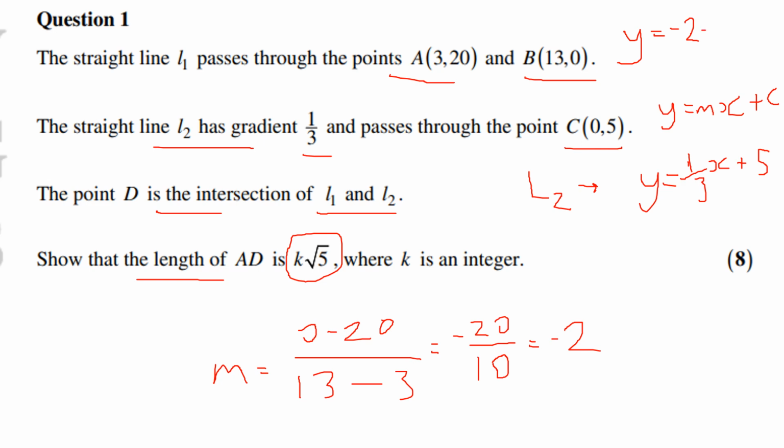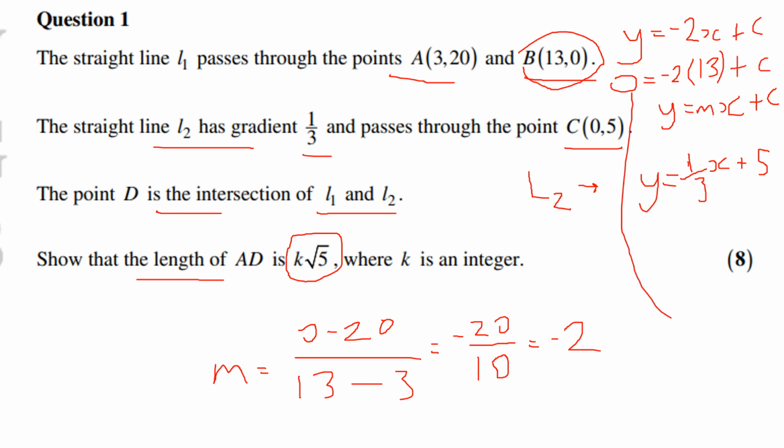So y equals minus 2x plus c. To work out the c, I can substitute in either the coordinates of A or the coordinates of B. I'm going to sub in B for the sake of ease. So we have 0 equals minus 2 multiplied by 13 plus c.